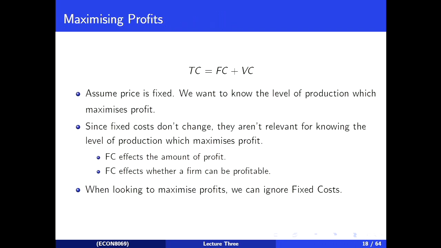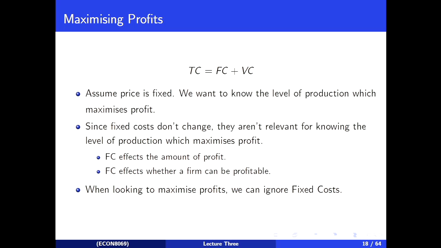Yes, sure. So, we as firms are looking to maximize profit. Price is fixed; we face the price, whatever it is. We want to know the level of production which maximizes profit. This is going to be a little bit tricky: since fixed costs don't change, they're totally irrelevant for knowing the level of production which maximizes profit.